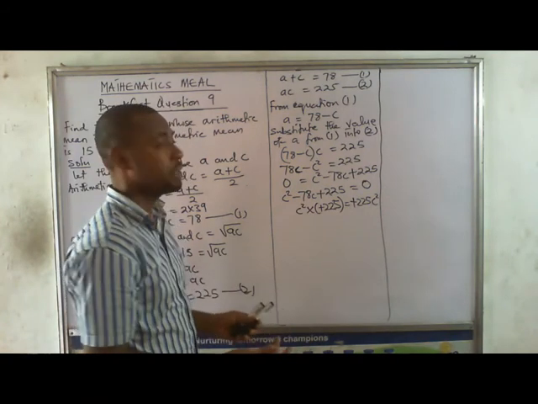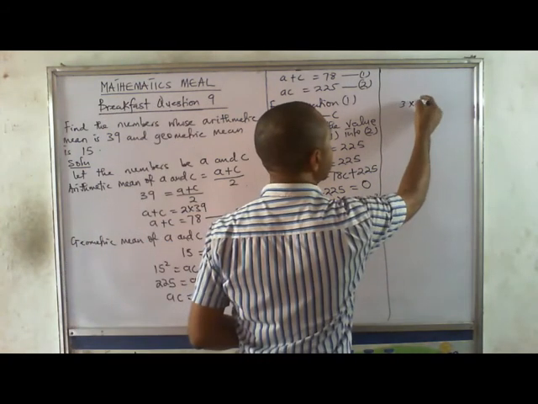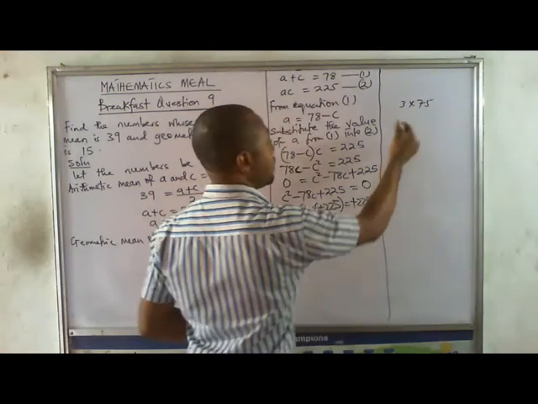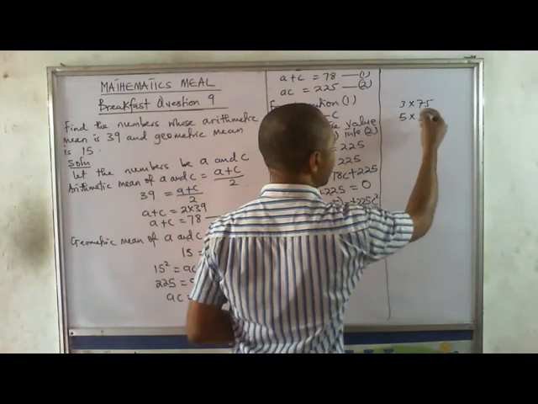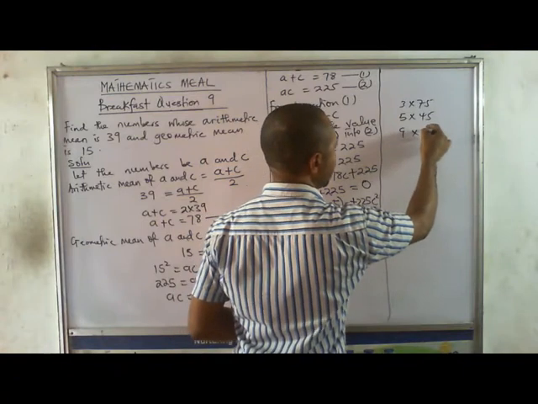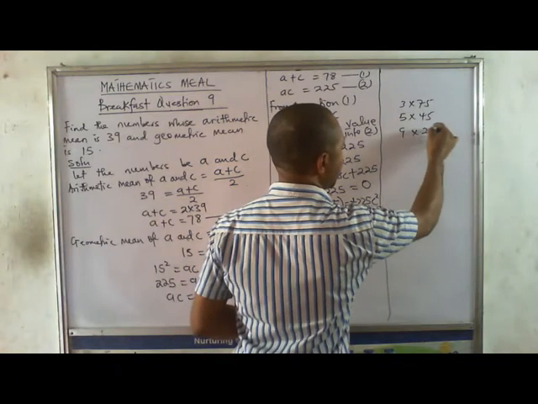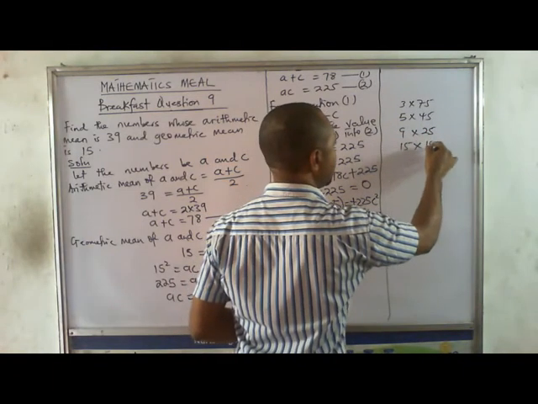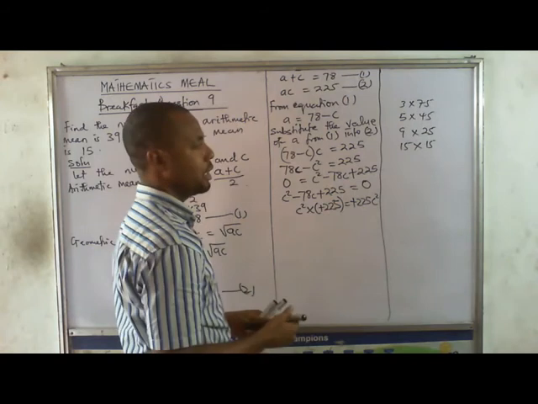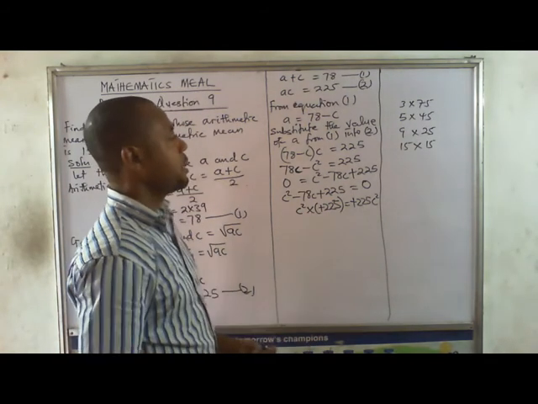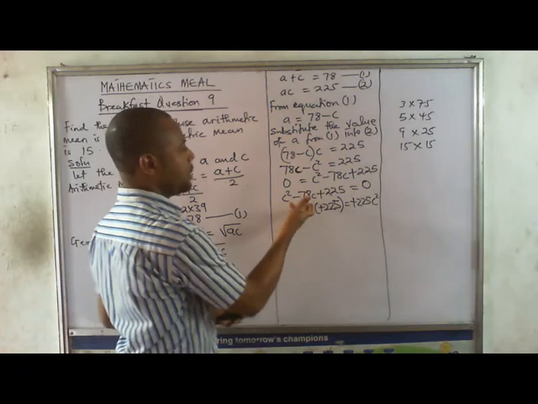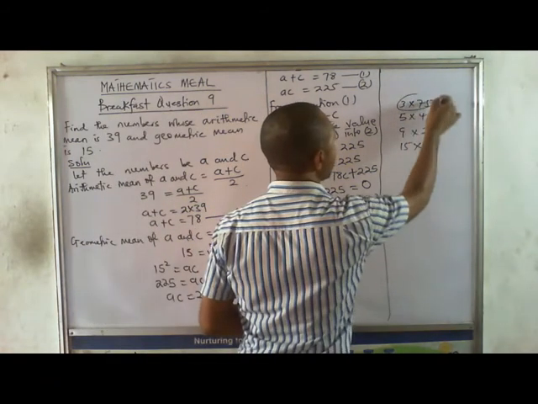There are other numbers, because I know that 3 times 75 will give me 225, 5 times 45 will give me 225, 9 times 25 will give me that, and 15 times 15 will give me that. But the one that can possibly give us 78 when we sum them will be this.